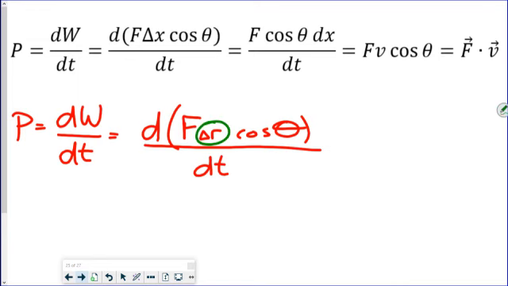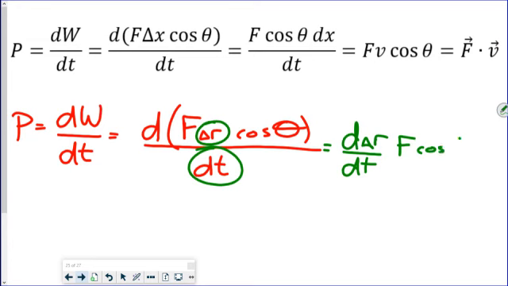Okay, but look, change in position per unit time is just velocity, right? So I'm going to rearrange some stuff, and there's a little bit of calculus weirdness that goes on here. So this is d delta r over dt, times F cosine theta.